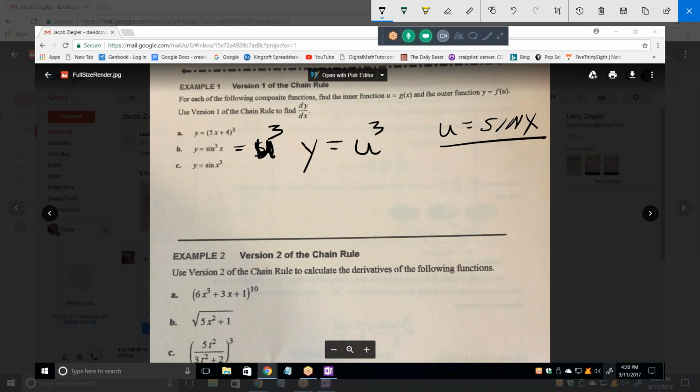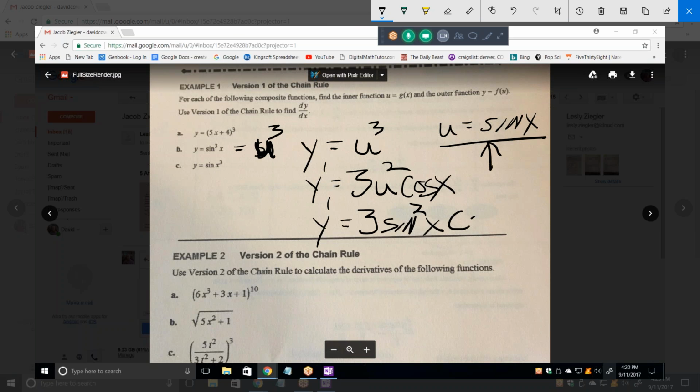Well, you can take the derivative of that. It's y prime equals 3u squared, derivative of the outside, times derivative of the inside. If you know that it's sine x, then cosine x. Now go back and substitute for u, and you get 3 sine squared x cosine x.